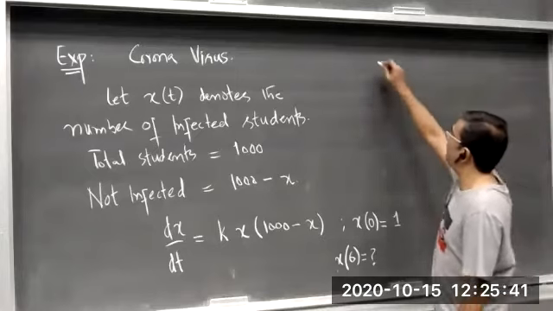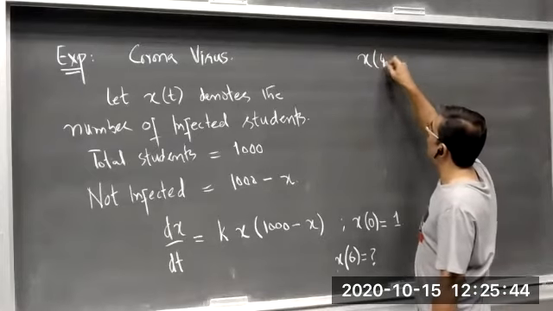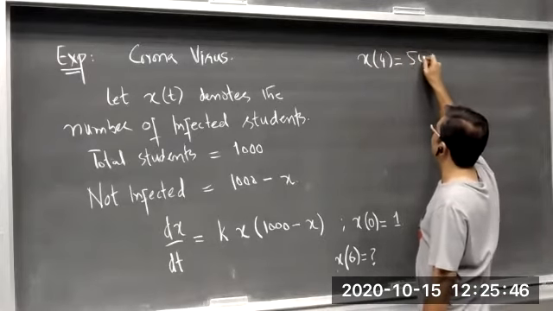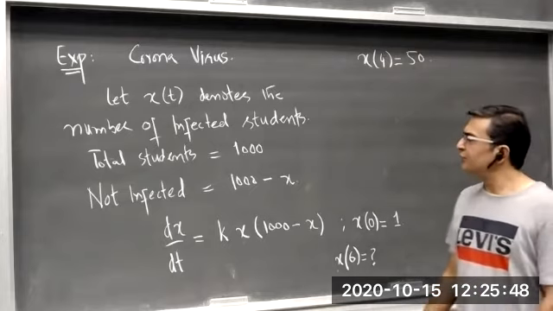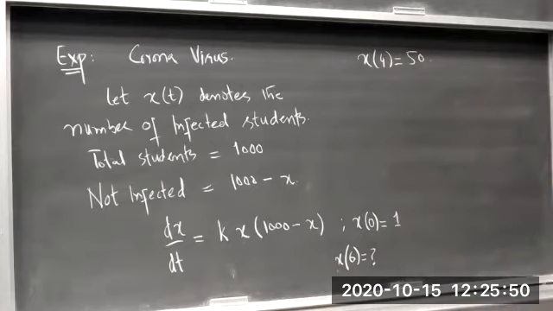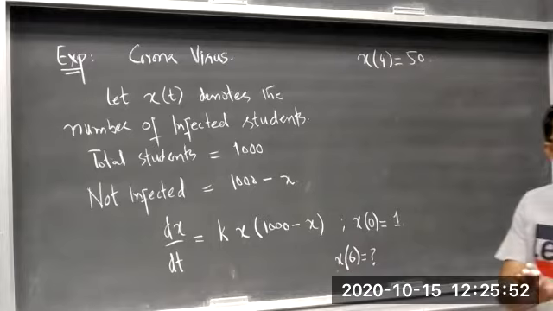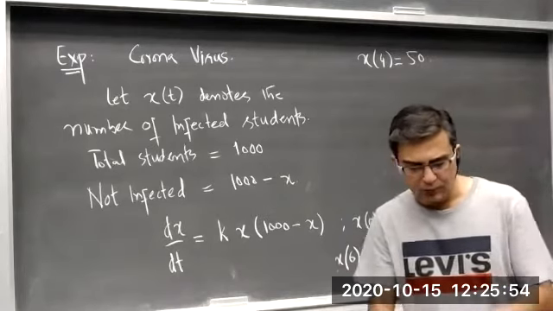So we are also given x(4) = 50. This is all the information we are given in that problem.